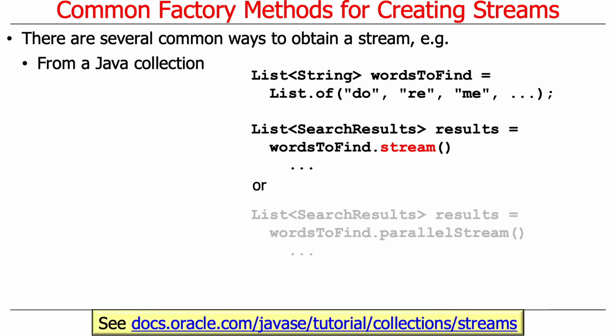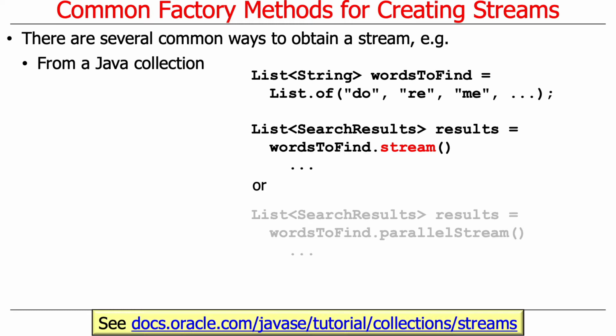Another way to do it is if you already have a collection, like words defined, which you can see up here. So we made ourselves a words defined list. You can then say words defined.stream. So there's more stuff going on here. You'd have to think of this as words defined.stream, as I show here.